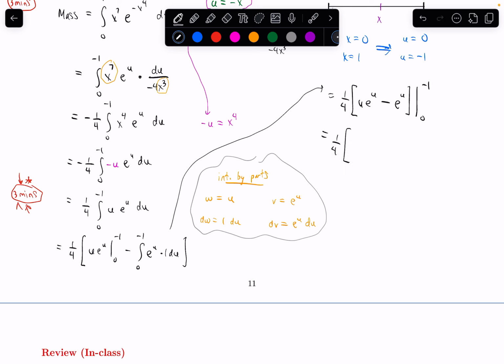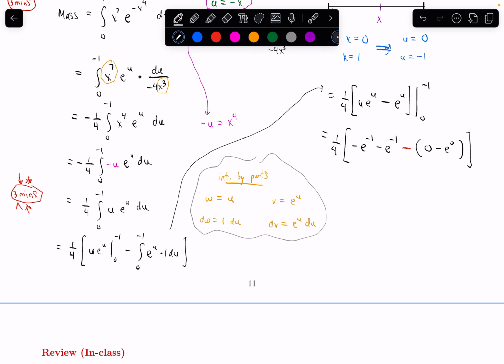When I plug in -1, I get negative e to the -1 minus e to the -1, minus, now I plug in 0, so I'll put parentheses. If I plug 0 in, this first term becomes 0, and then minus e to the 0.